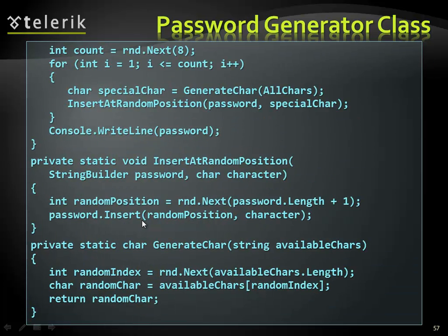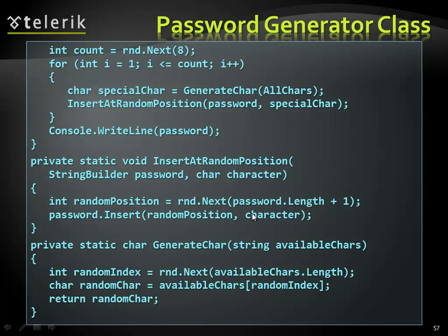And now we have a few static methods that we're defining. For example, a method to insert a character at a random position, which will take our currently built password and a character, and it will get a random number and insert the character at a random place.